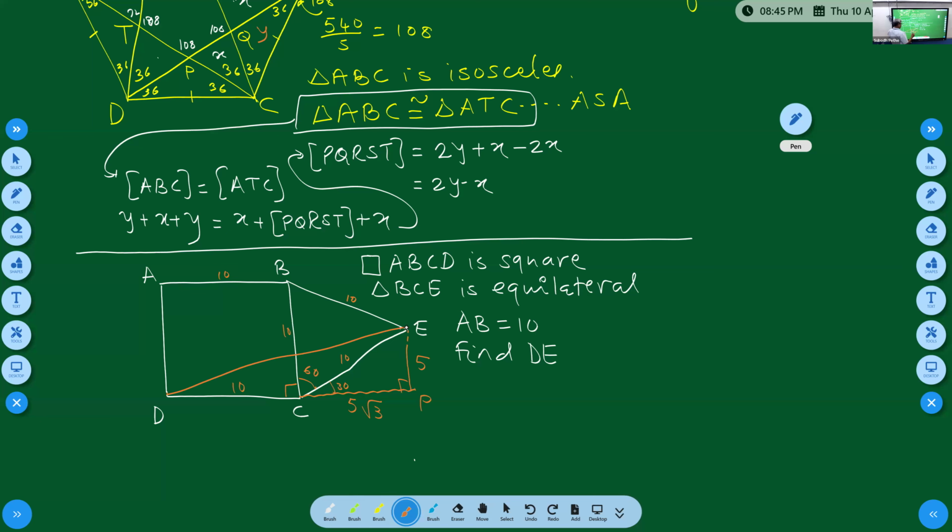In this right angle triangle, we should use Pythagoras. So DP square plus PE square is equal to DE square. So DE square is equal to (10 plus 5 root 3) square plus 5 square.